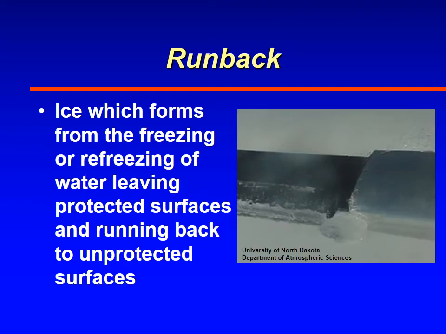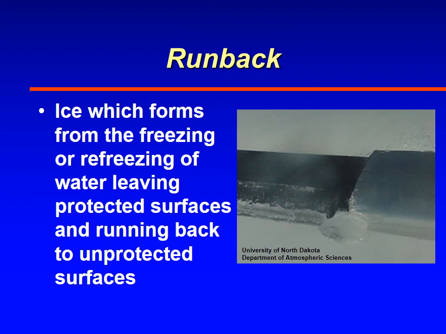And then finally, runback ice is ice that forms from the freezing or refreezing of water that's leaving the protected surfaces and running back onto the unprotected surfaces. In this picture, you can see a silver area on the wing, which is the hot wing. It's heated so that ice can't form on that part of the wing.